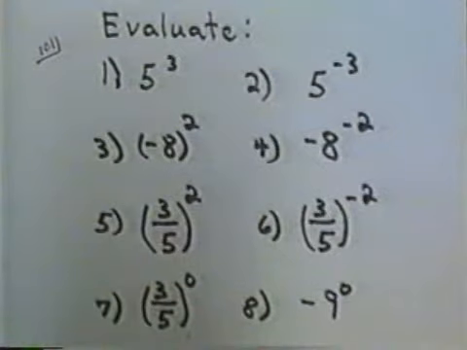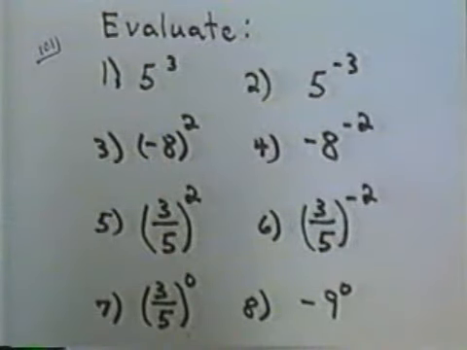The third one, negative 8 squared. Negative 8 exponent 2. The fourth one, the opposite of 8 to the negative 2nd power. The opposite of 8 exponent negative 2. The fifth one, 3/5 squared.